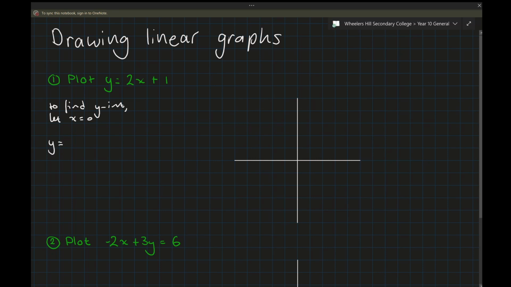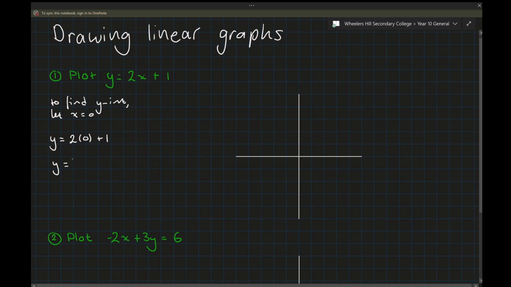I write my equation as I see it, except I replace x with 0. 2 times 0 evaluates to 0, so y equals 1. This tells me that my y-intercept is at y equals 1. I'll put a mark on my graph, and I will label the point as well.